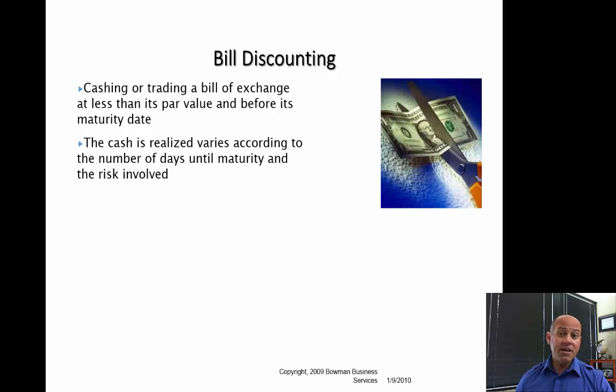And banks will buy these obligations and they will actually trade them on a market called the BA market. To give you an example of what this looks like, I had a client several years ago that was doing medical devices. They were selling to a distributor in Japan. The distributor wanted time to pay, 120 days. We gave them the 120 days against what's called a usance letter of credit.